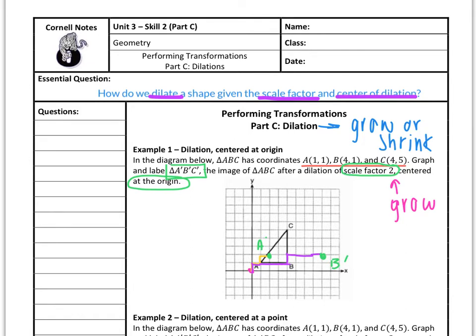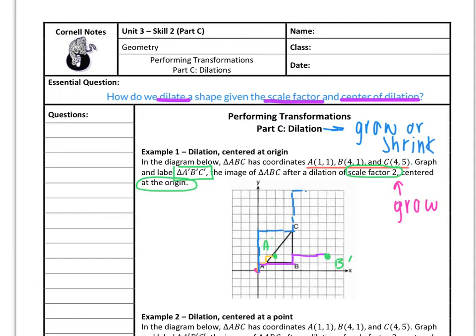And the last one, C. So right now I have to go up 1, 2, 3, 4, 5, over 1, 2, 3, 4. So again, I'm going to double it. I'm going to go up 5 again. 1, 2, 3, 4, 5. We just make it over 1, 2, 3, 4. That's going to be my new C prime.